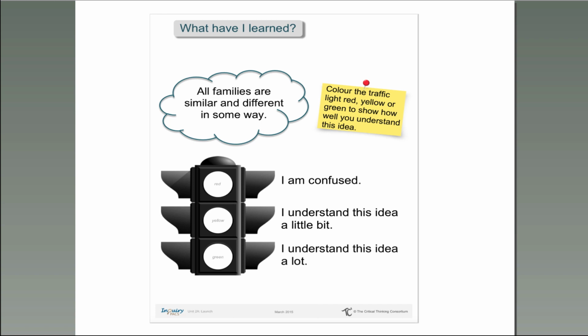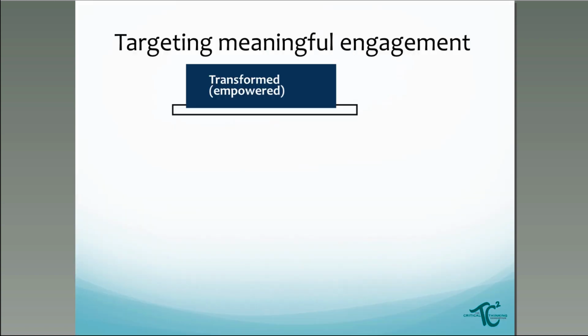This big idea is that all families are similar and different in some way. The student can think about this and decide: am I confused? Do I understand this idea a little bit, or a lot? This shows up in different ways, but there are all these opportunities for self-assessment of the learning in all of the inquiry packs, and it's built right in.